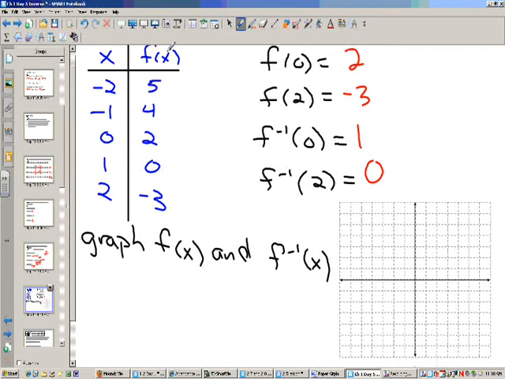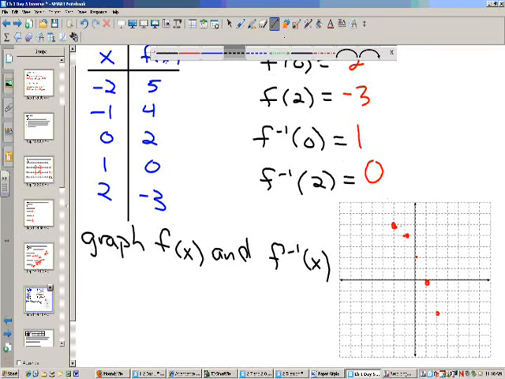Now if I plot these points, negative 2, 5, negative 1, 4, 0, 2, 1, 0, and 2, negative 3, I can connect these dots to form a graph.